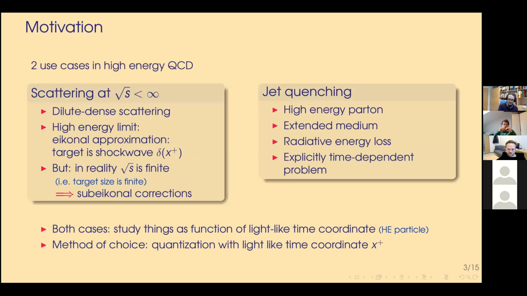Okay, so the physics case. As a motivation for what we're doing, I'm thinking of two situations that appear in high energy QCD. One of them is scattering at finite square root S. The background here is that I come from a background of small x physics, meaning high energy collisions and calculating cross sections.